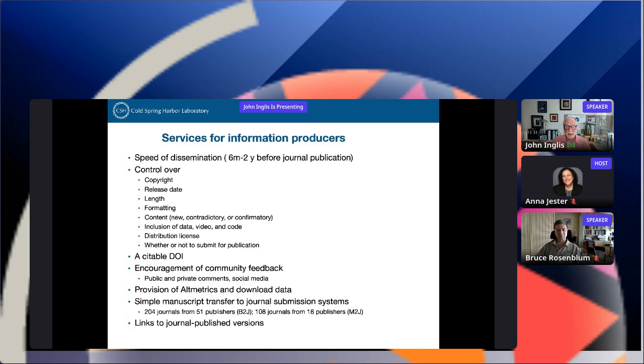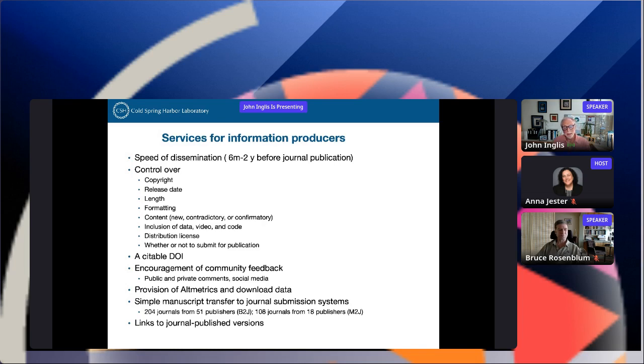Instead of saying manuscript submitted, there is a manuscript that anyone who wants to evaluate her work can see very readily. We also do a lot to encourage community feedback in various ways with commenting on the site, also social media accounts that prompt, particularly Twitter, that prompt engagement with the work concerned. We offer altmetric data and download data.